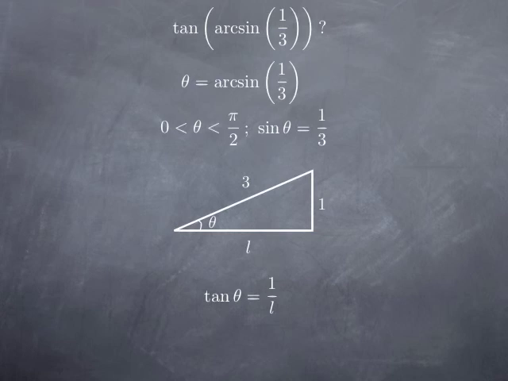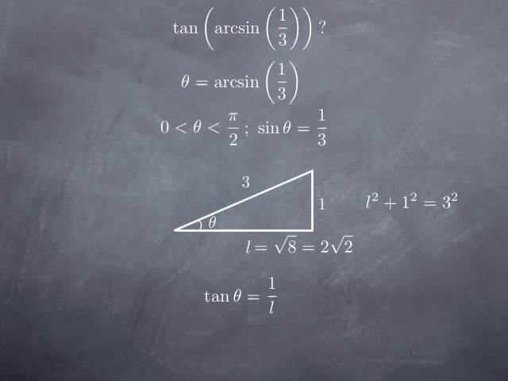So all we need is the value of L, which is easy to obtain using the Pythagorean theorem. We have L squared plus 1 squared is 3 squared. In other words, L squared is 9 minus 1, 8. So L is square root of 8, which I can write 2 square root of 2, because 8 is 4 times 2. And therefore, the tangent of this angle is 1 over 2 square root of 2.